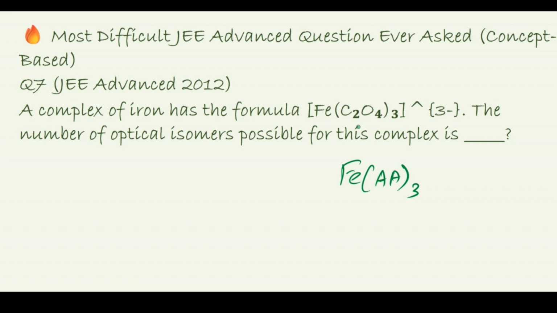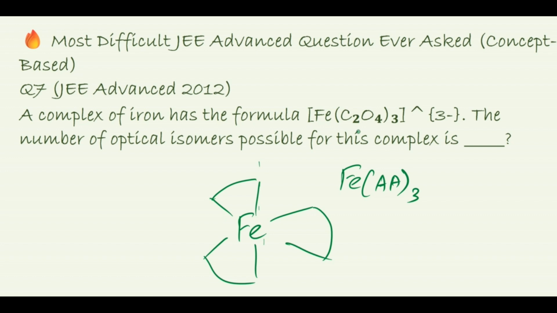So how many optically active isomers are possible? A similar question we have solved before. The structure will look like this, where it will have no plane of symmetry. So only two isomers, that is D and L isomers, are possible for this complex.